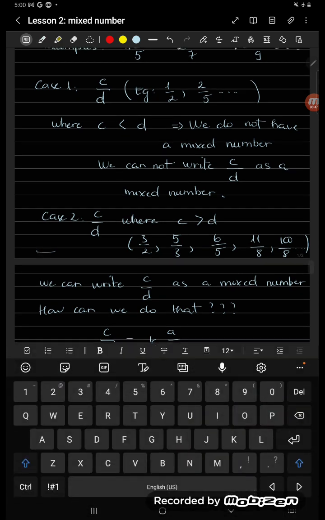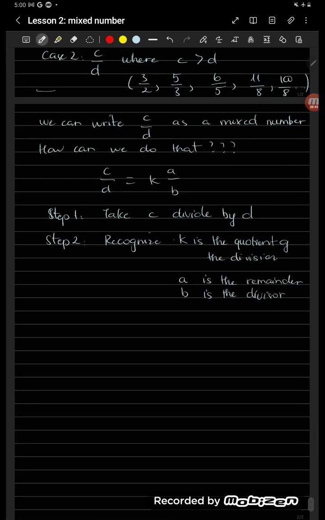So we'll go to an example and you can see it better. Let's say we have a fraction 5 over 2. In this example, 5 is greater than 2, right? It means the numerator is greater than the denominator, so we can write the fraction 5 over 2 as a mixed number.